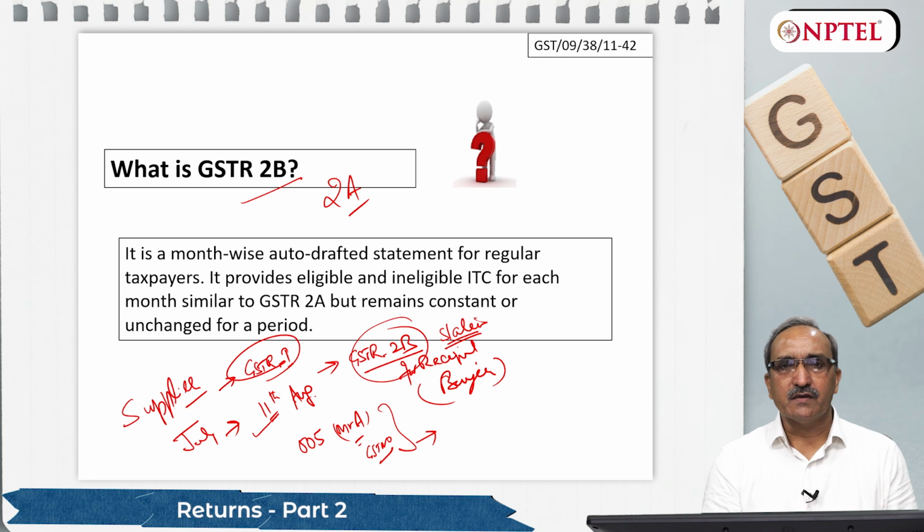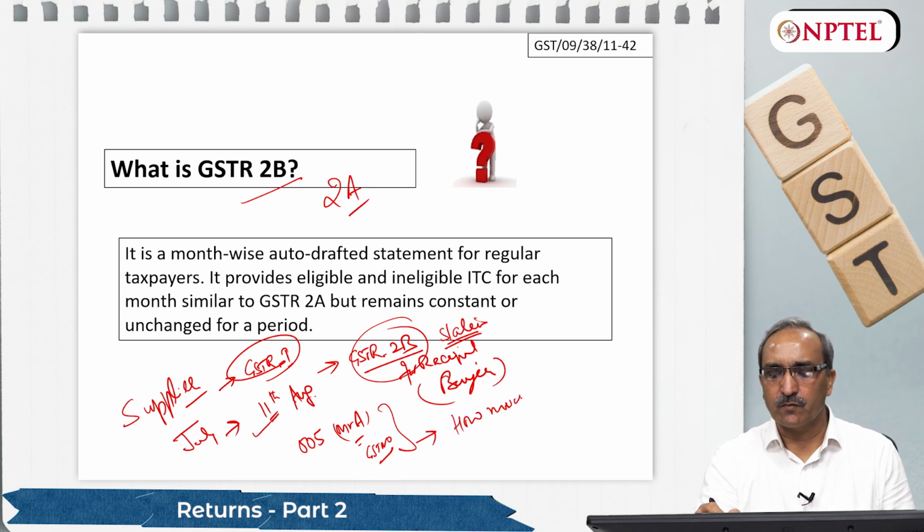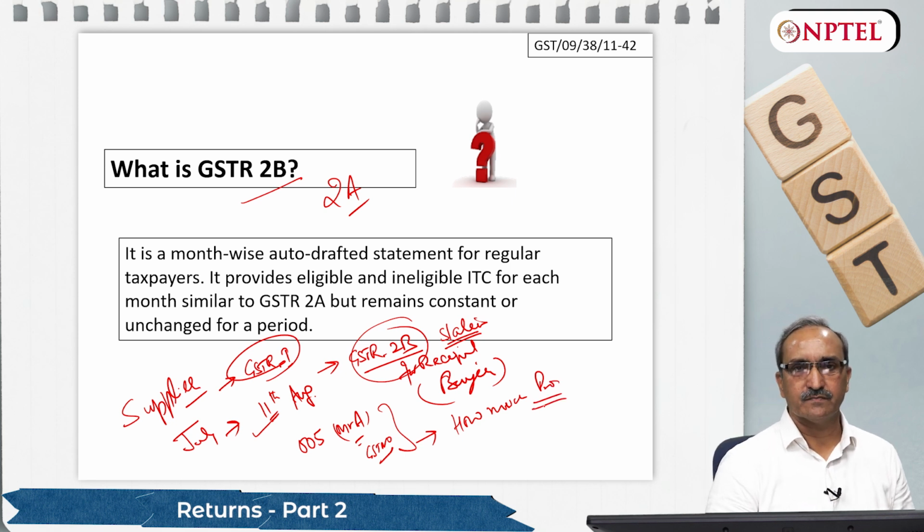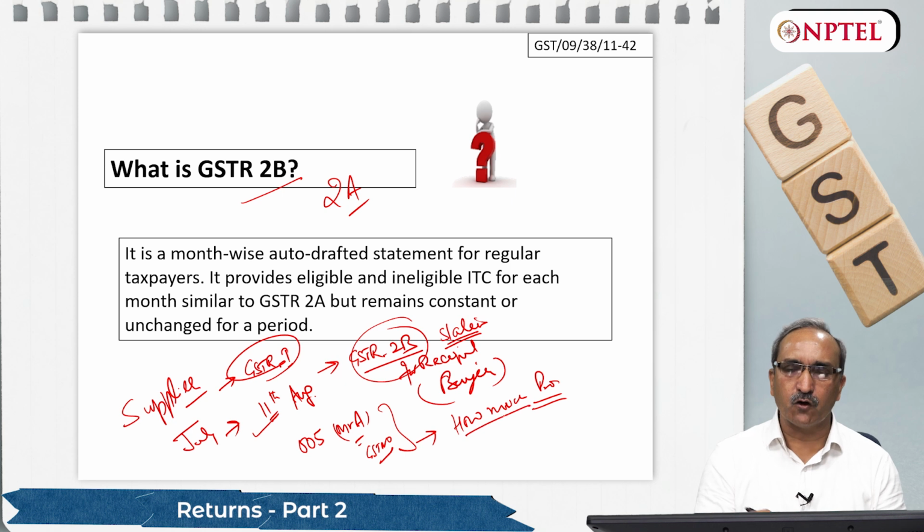So this 2B will tell Mr. A how much procurement he has done during the month of July. And based upon this procurement, his ITC for the month of July will be determined.